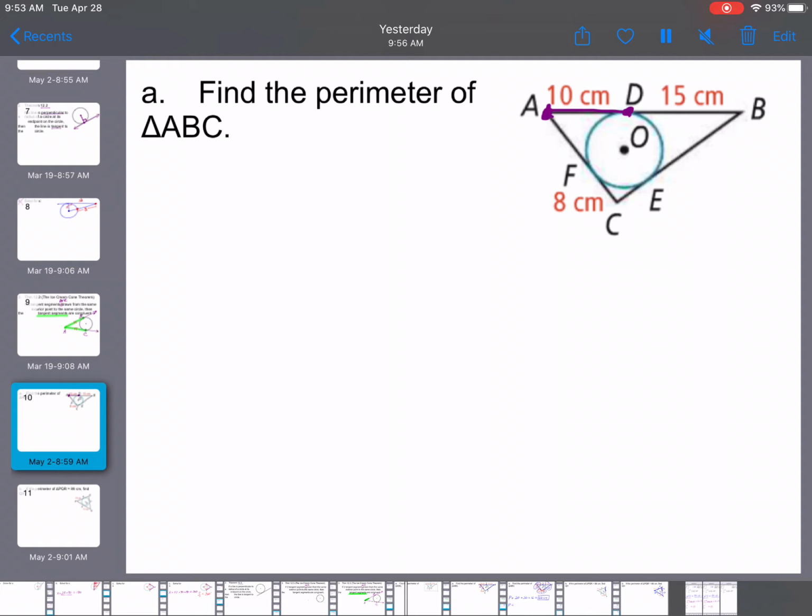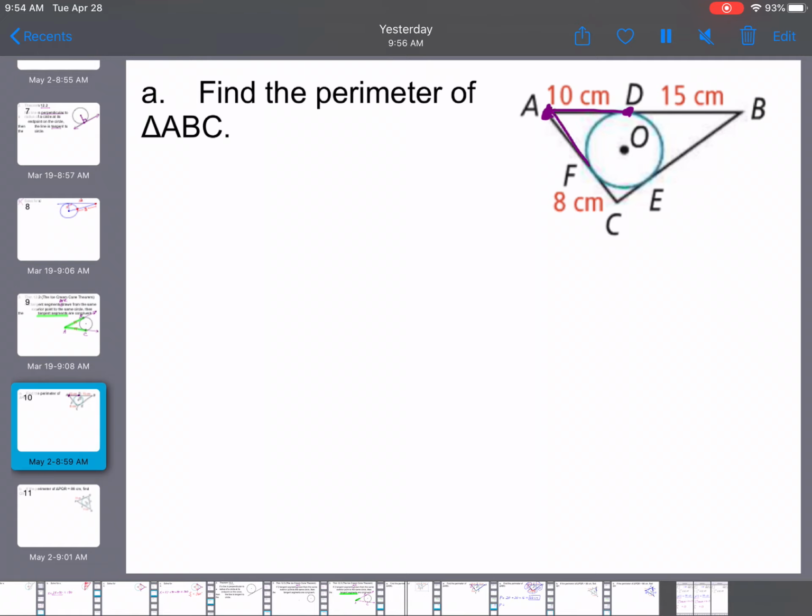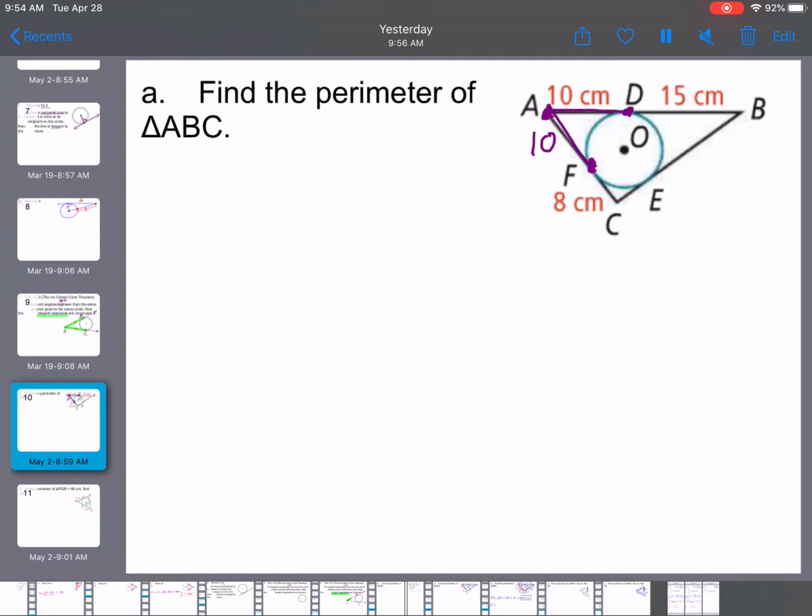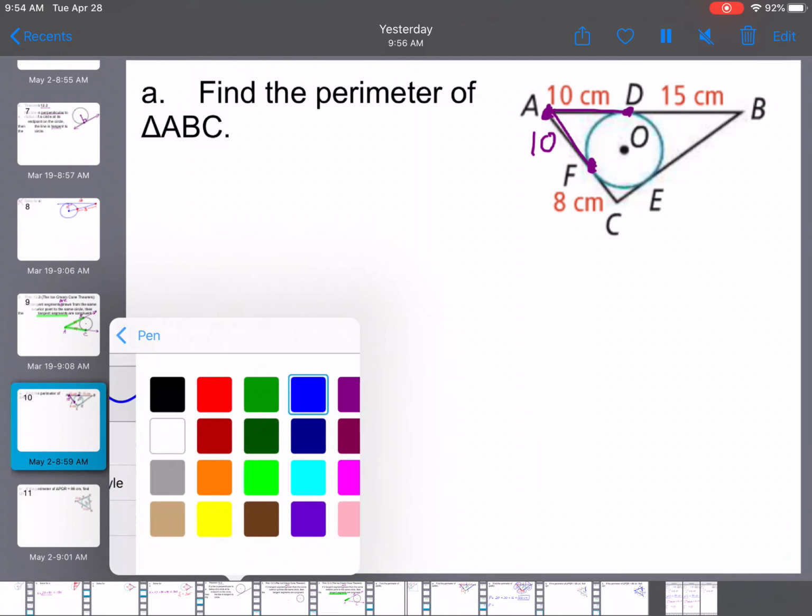The theorem we just learned says that if there's another tangent segment coming from the same exterior point there, guys, that'd be coming from point A here, that it would have to be congruent to that segment right there, okay? And so what that tells us, guys, is that line segment AF, that tangent segment, has to be congruent to segment AD. So AF is going to have a length of 10 as well.